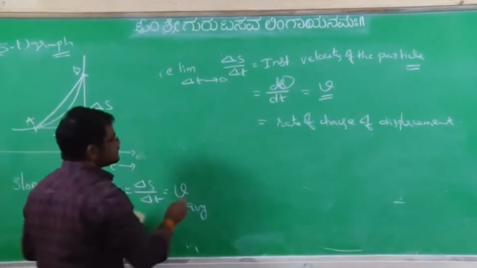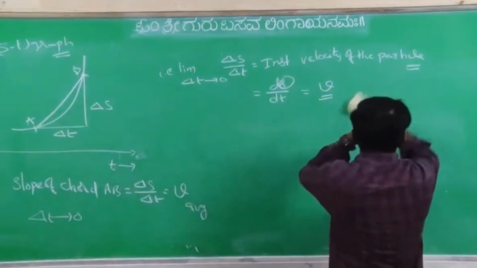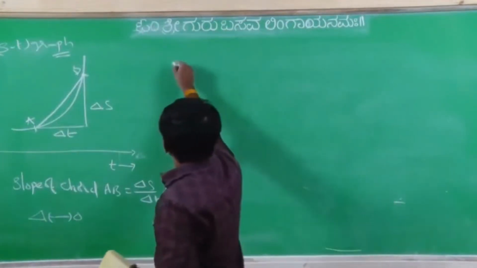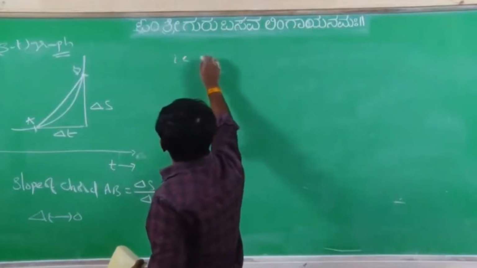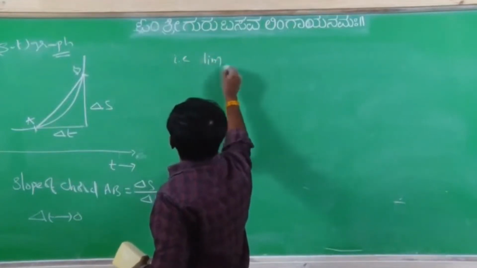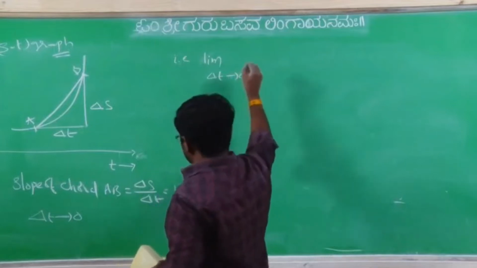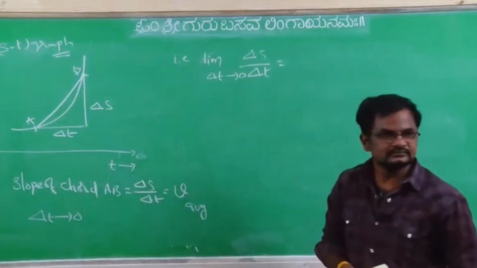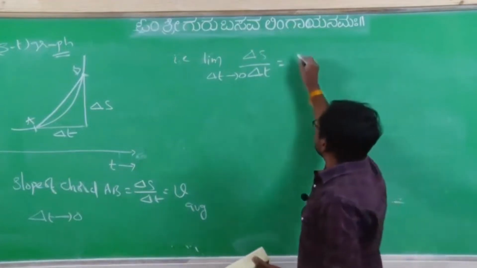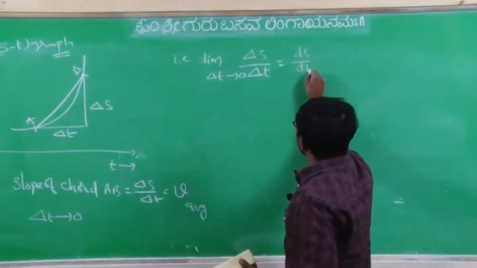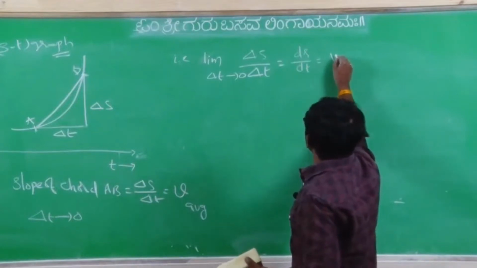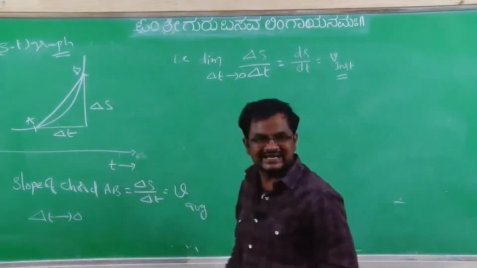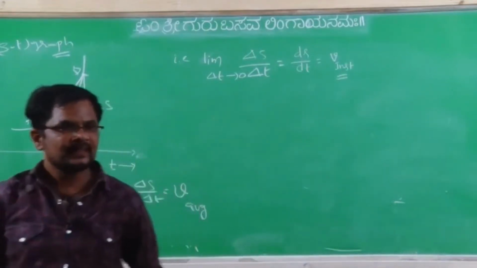That is, the limit as delta t tends to 0 of delta s by delta t equals ds by dt. That is equal to the instantaneous velocity of the particle at time t.